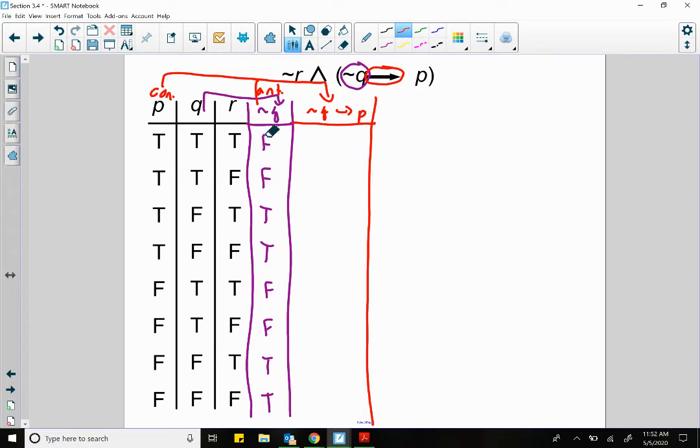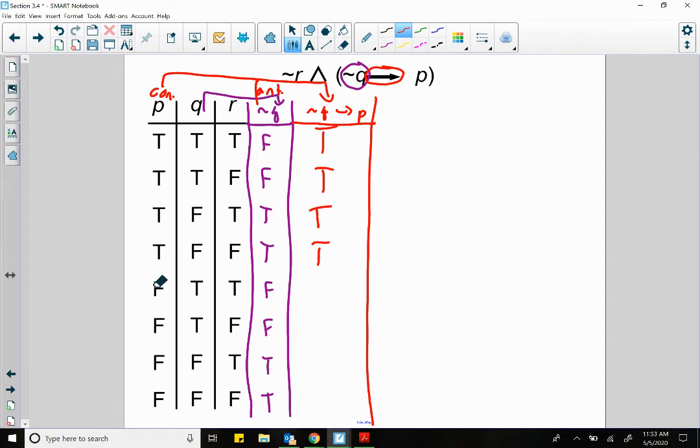Okay? So here we're going from false to true. That's a true statement. We're going from false to true. That's a true statement. Because you have to look at it from the antecedent to the consequent. If you didn't look at it that way, you would have said this was false and this was false because you would have been going from true to false, and that's incorrect. It's always the antecedent to the consequent. Watch the order. So we got true to true. Well, that's true. We got true to true. That's true.